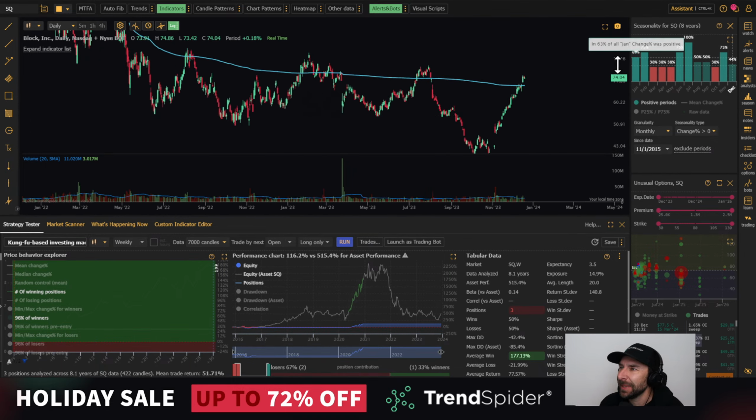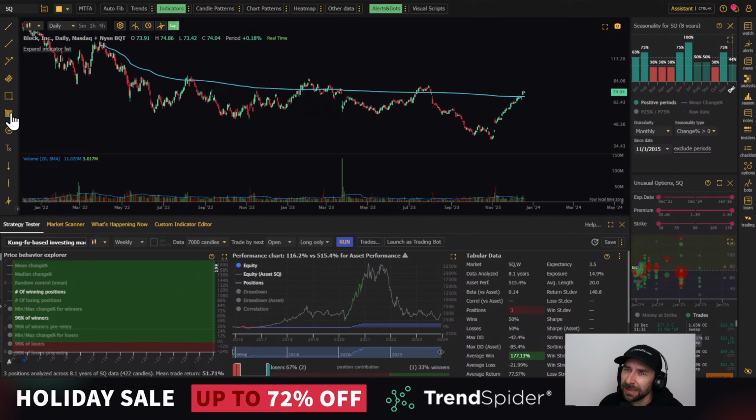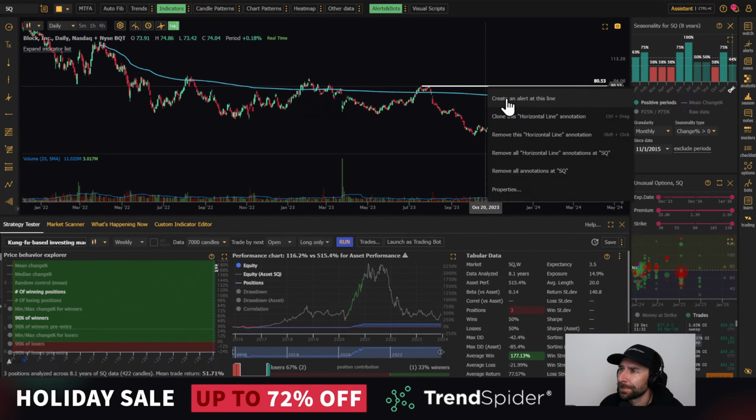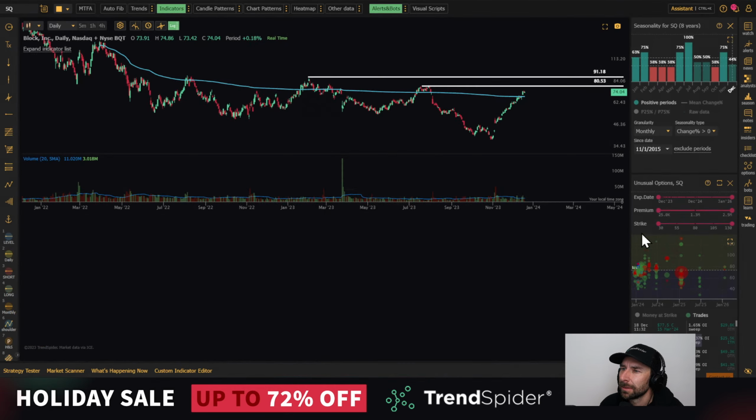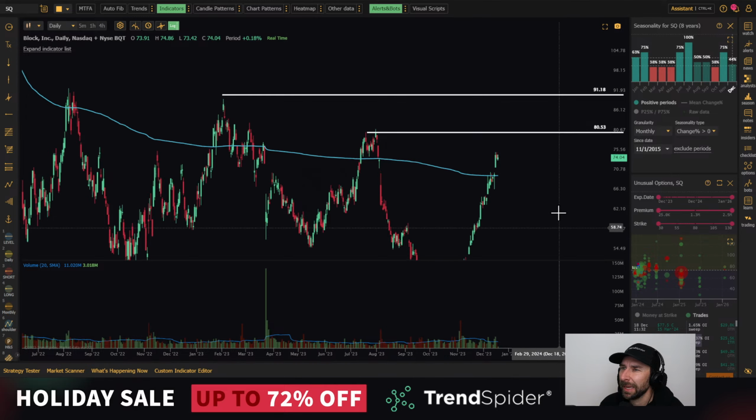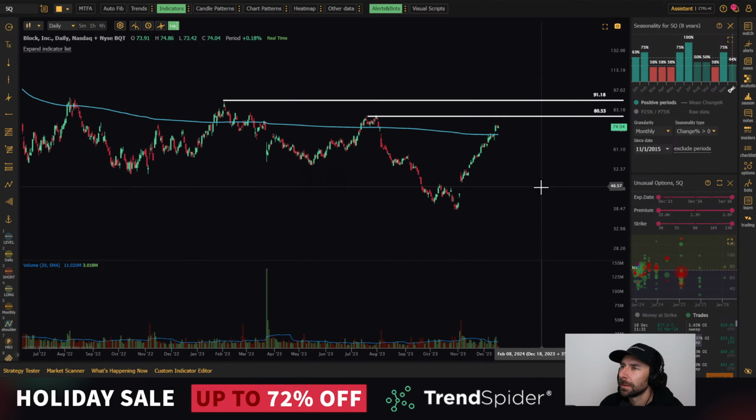But the key areas to watch, to me, are those highs. Can they make new highs relative to here? Relative to here. If they can do that, then you would anticipate that they are going to go higher.